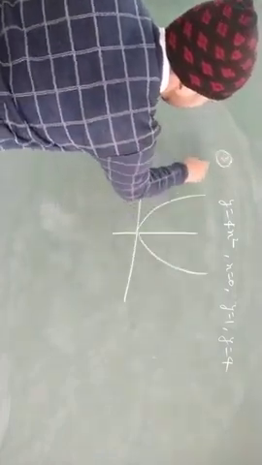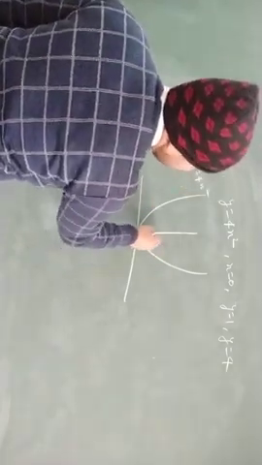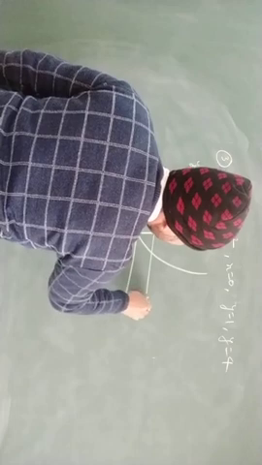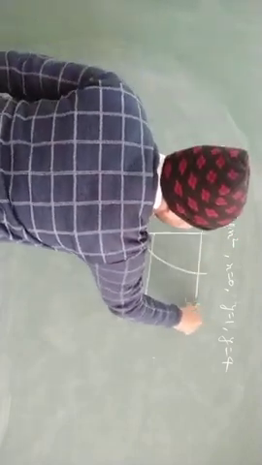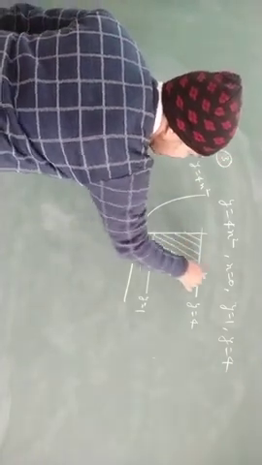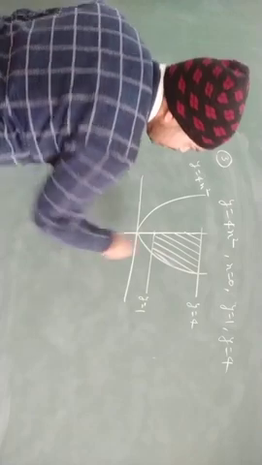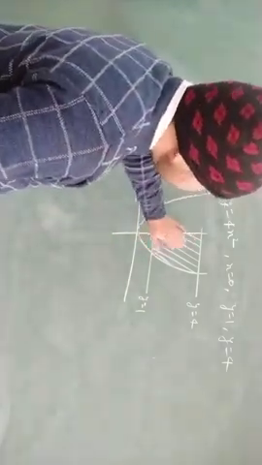The curve indicates y equal to 4x square, x is equal to 0, y equal to 1. This line indicates y equal to 1, and this line indicates y equal to 4, so the required shaded region is this part. We want to find out the area of this region.